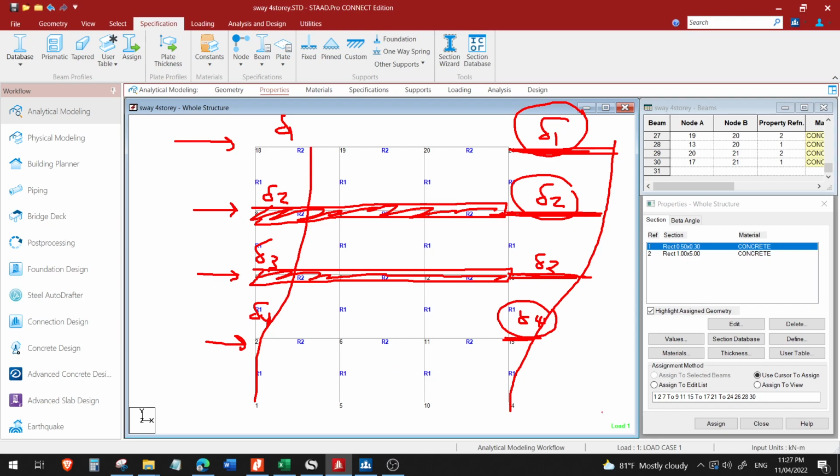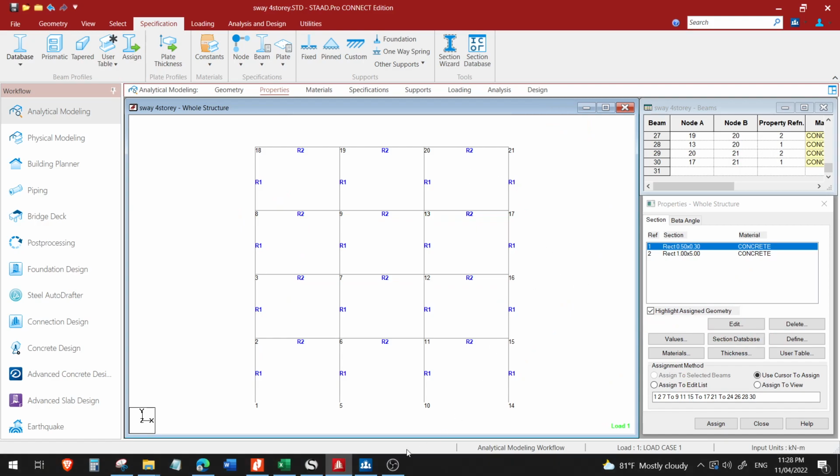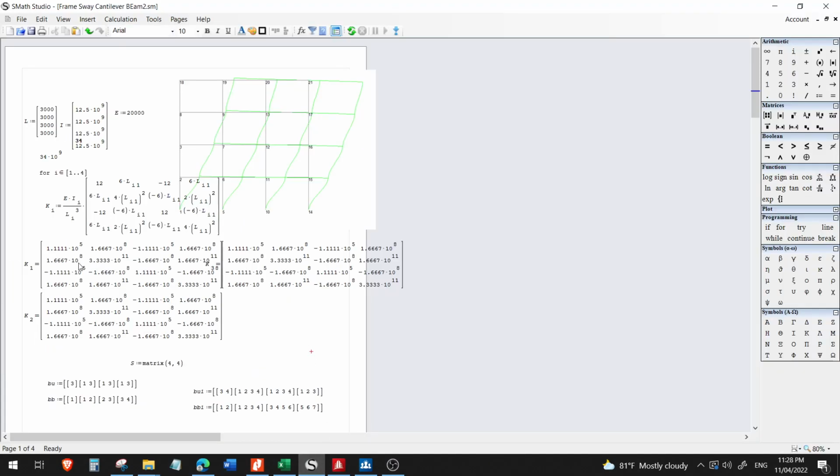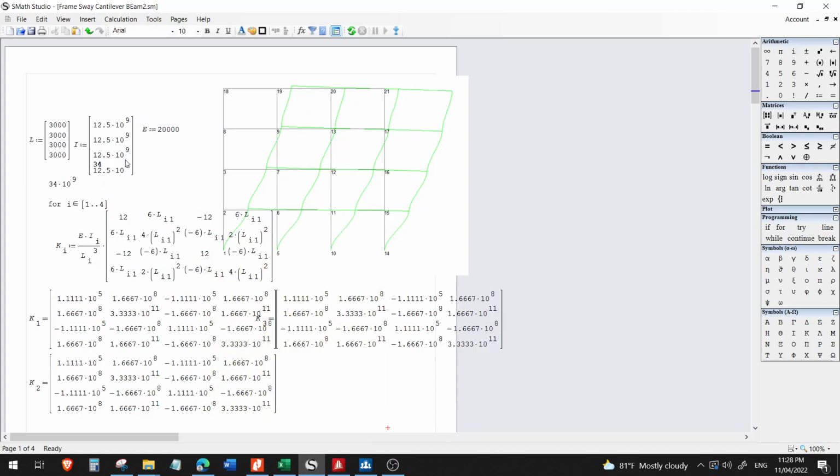Okay. Now, we will assume a beam matrix formulation for that. Okay? So, like our derivation of the beam stiffness, something like that. Basically, the stiffness that is activated there is 12 EI over H cubed. Something like that. Now, this is our SMAT code for that.